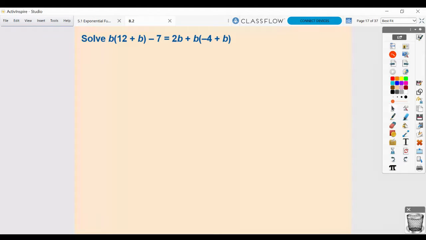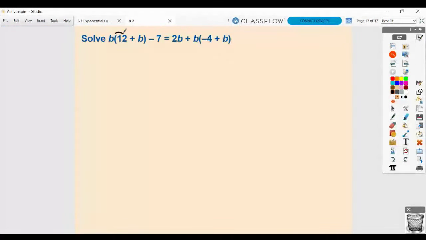A couple things to look at with this equation is you have some parentheses, so you will have to distribute, and then we have this equal sign. Eventually you're going to want to get the variables on one side and the numbers on the other side.